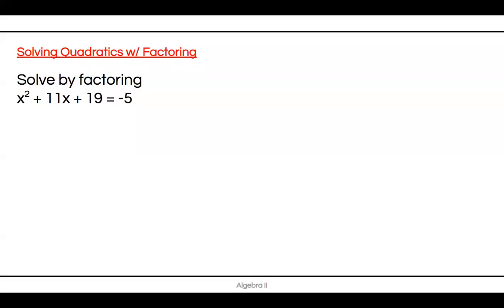Here's the next problem. X squared plus 11x plus 19 equals negative 5. So remember, I said in the last problem, the first thing you need to do is you need your equation to be equal to 0. So let's do that. To make it equal to 0, we're going to add 5 on both sides.